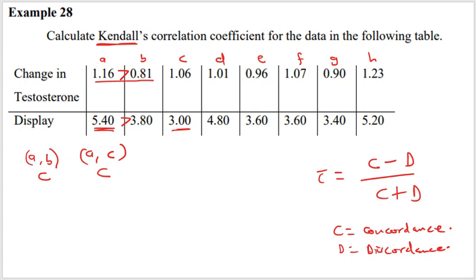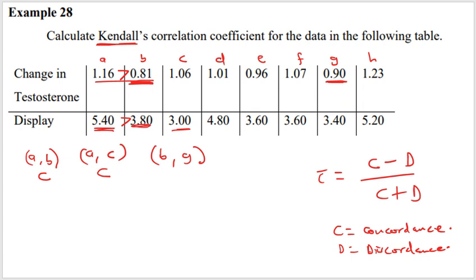Now let's take another example. Let's pick, for example, B and J. When we pick B and J, we realize that 0.81 and 0.90, we can apply the less than sign because 0.81 is less than 0.90.